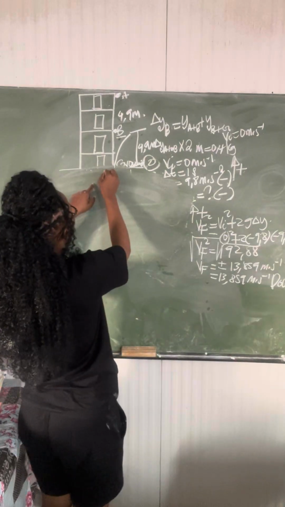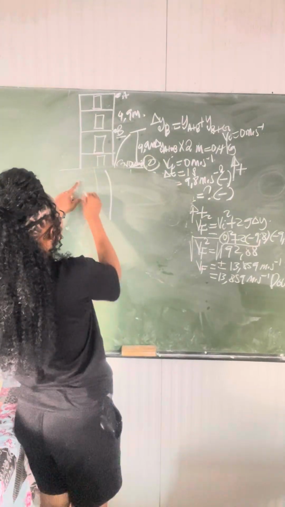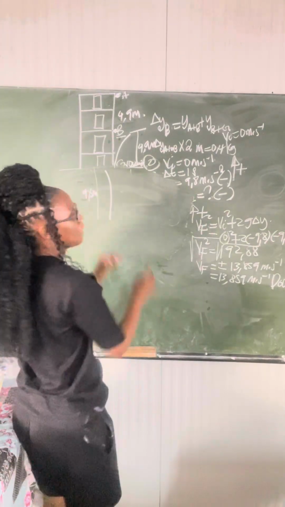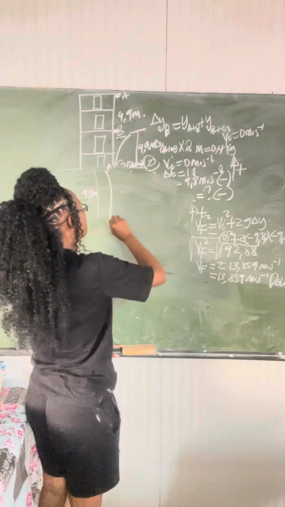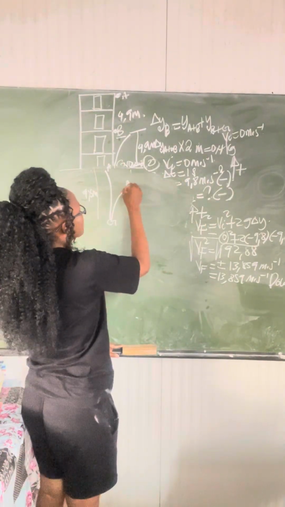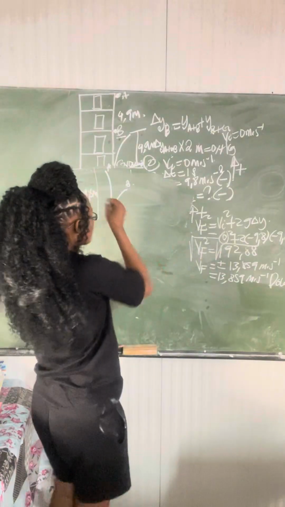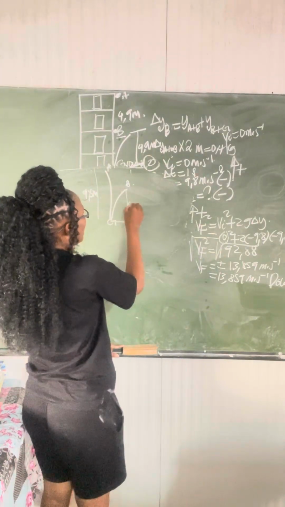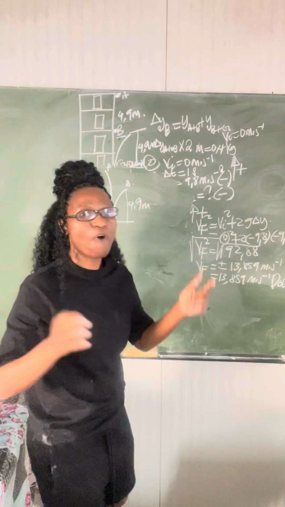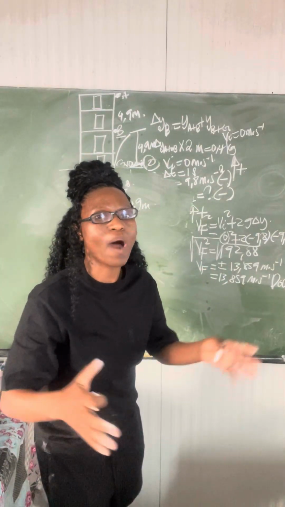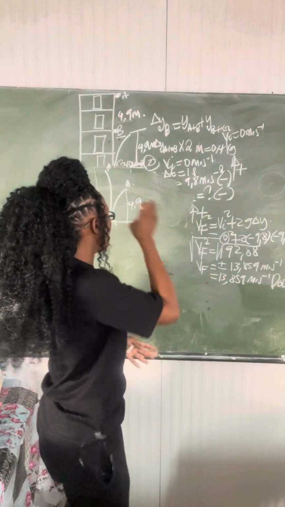Mind you, the object falls from the height of the building, which is 9,8 meters, from point A to the ground. Then it bounces off, reaching a maximum height at B. So this height is going to be 4,9 meters.